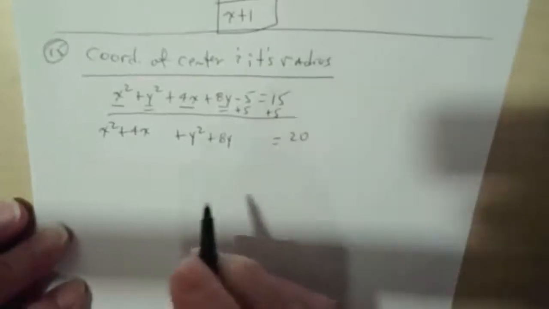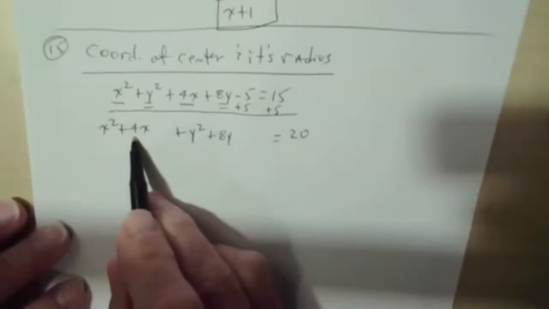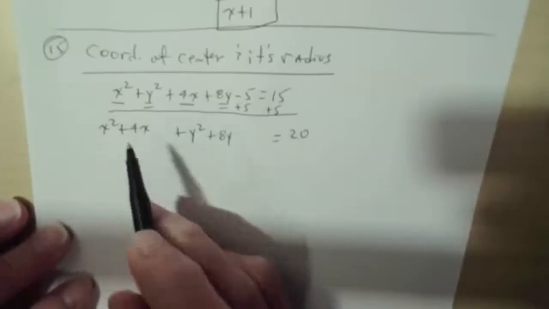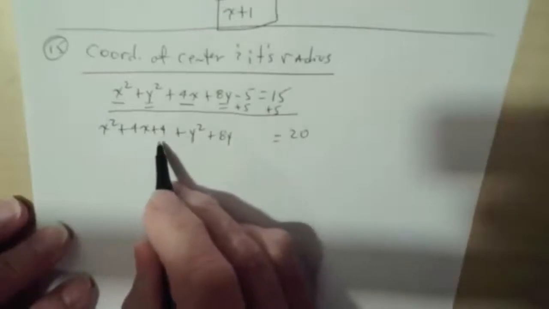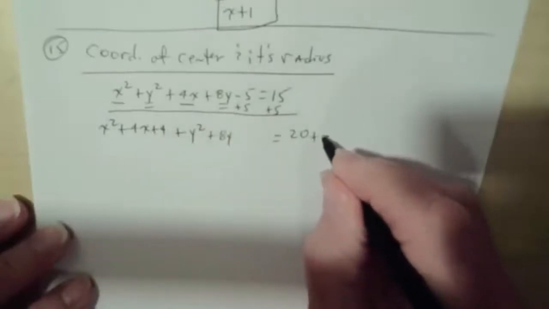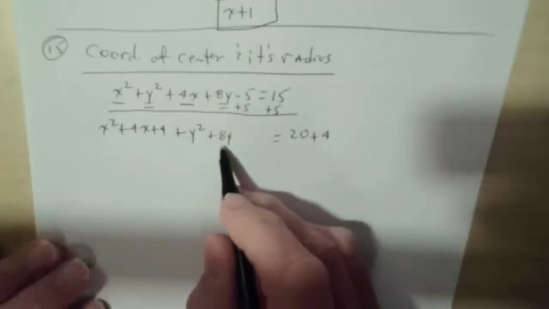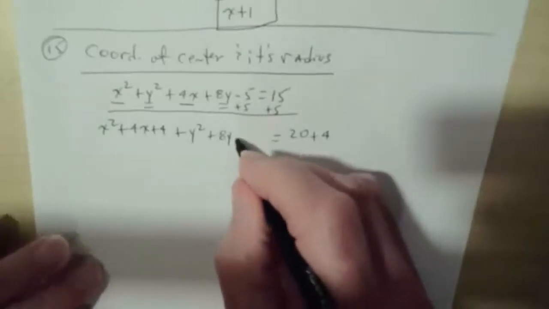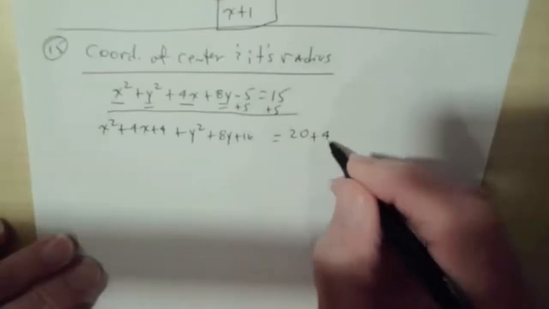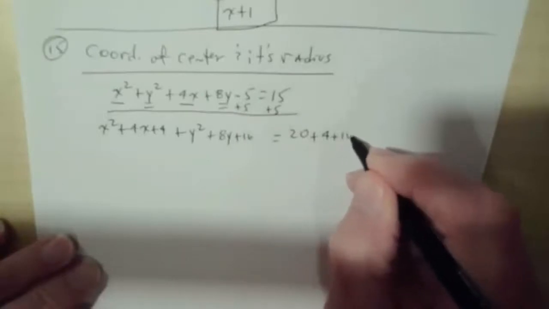Now half of 4 is 2. 2 squared is also 4, plus 4. We added 4 to this side, so we have to add 4 to this side. Same thing here. Half of 8 is 4. 4 squared is 16, so we have to add 16 to each side.